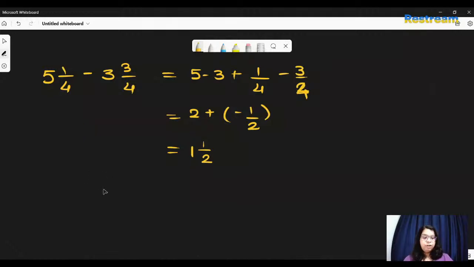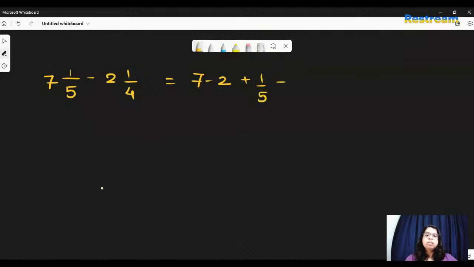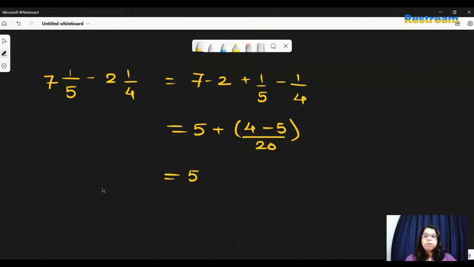Now when we have different denominators, okay, so we have, let's say, 7 1 by 5 minus 2 1 by 4. So we will do 7 minus 2 plus 1 by 5 minus 1 by 4, which is equal to 5 plus 4 minus 5 over 20. So that is going to be equal to 5 minus 1 by 20.